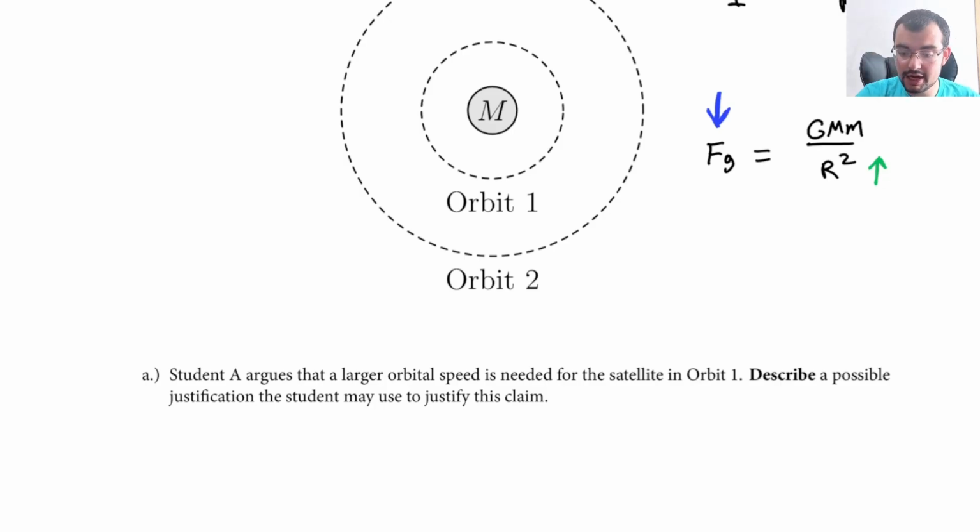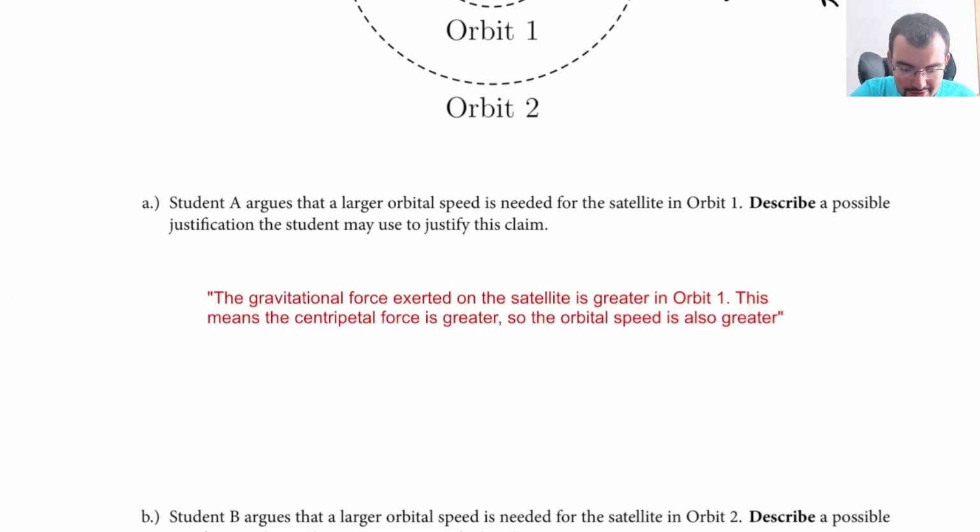So student A might argue that for a larger orbit, you need a lower centripetal force, thus you don't have to go as fast. They'll say the force exerted is greater in orbit 1, so the satellite in orbit 1 is getting pulled harder, and if it's getting pulled harder, it must be going faster. So that's what they might say.